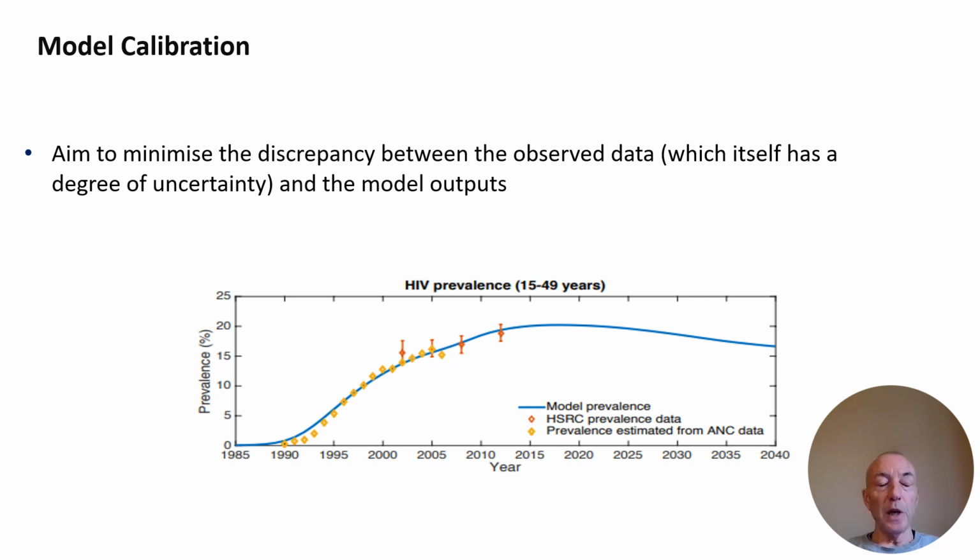And the aim of the calibration is to minimize the discrepancy between the observed data in orange and yellow, which itself has a degree of uncertainty shown with the confidence intervals, and the model outputs, which is the blue line. And you can see in this example an extremely close fit of the model to the data up to the final point in 2012.